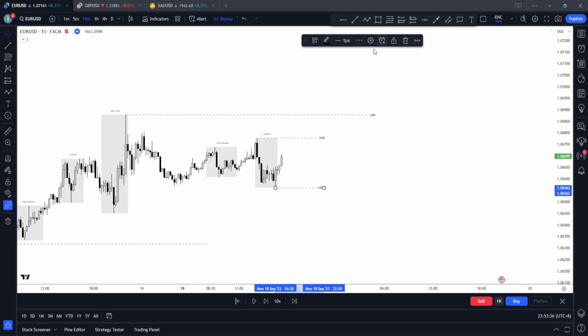As we can see in the bullish structure I gave earlier, the New York session will move to take this high of day or low of day. Let's see what will happen.